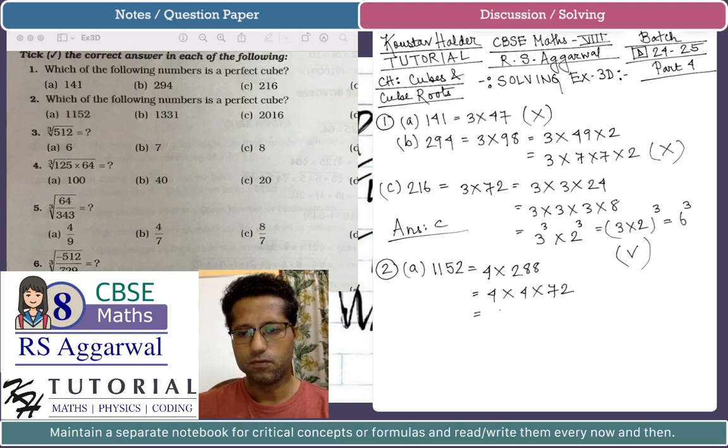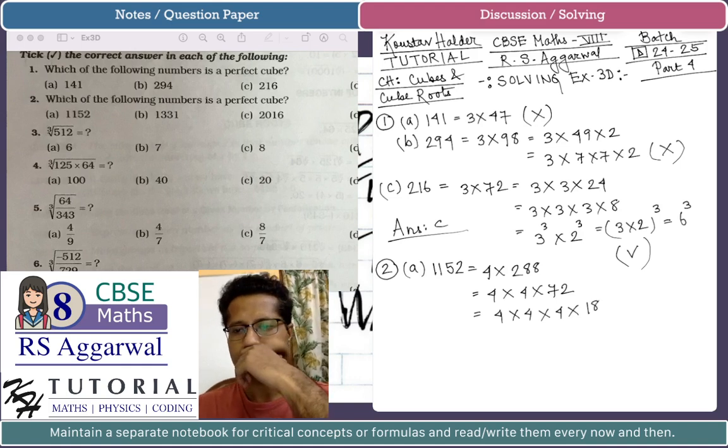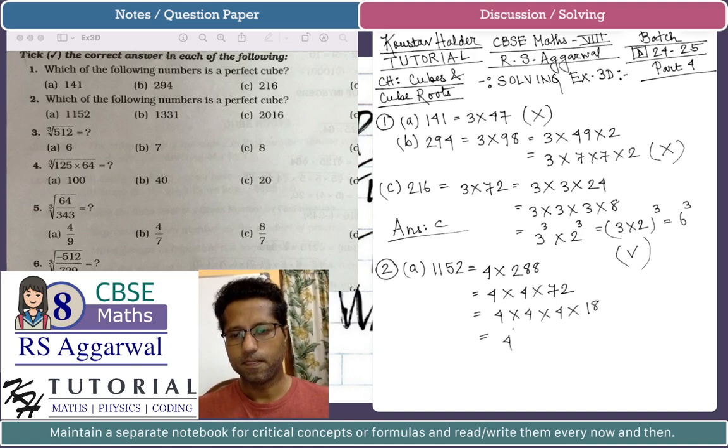This is equal to 4 multiplied by 4 multiplied by 4 multiplied by 18, as 72 can be factorized as 4 multiplied by 18. 18 is not a perfect cube, but we have 4 cube multiplied by 18.